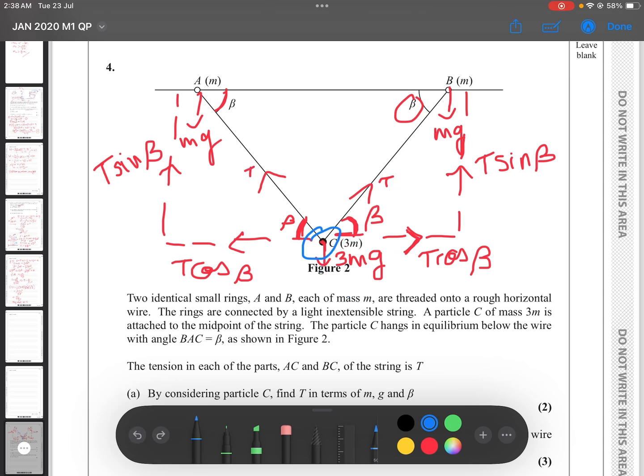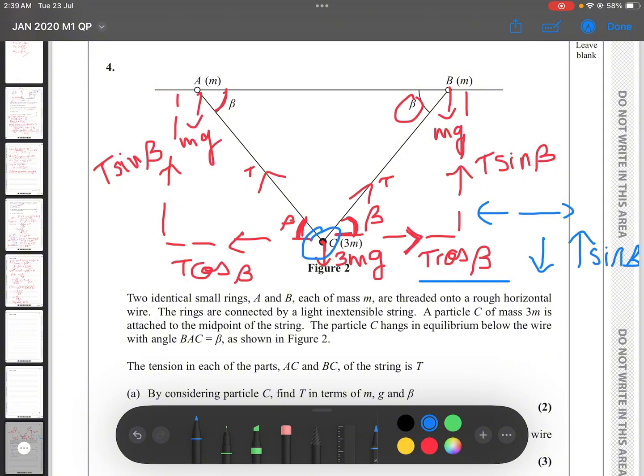Okay, and now the most important thing is, which tension should you consider? Remember that when you are taking forces in the horizontal direction, we would have used T cos beta. But as we're taking weight, which is a vertical force, we have to use the vector that is also vertical, that is T sine beta. Okay, we have to use sine beta. I hope you guys understood.